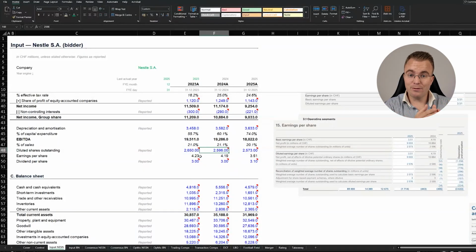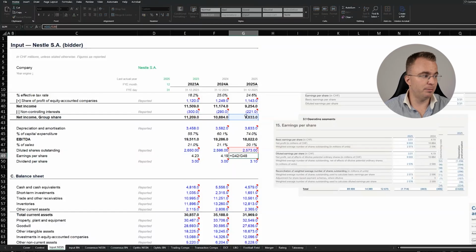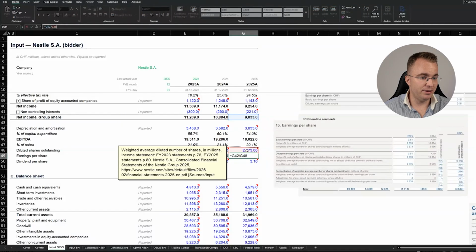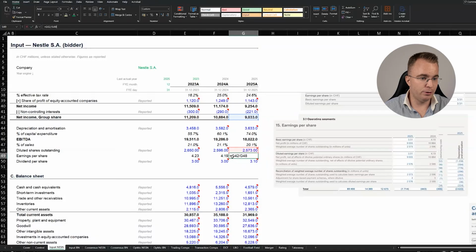And this is the weighted average of the shares over a certain period of time. So that matches the earnings, because net income is also a profit and loss item over the period and it's not at one specific point in time. Meaning you simply divide net income by this figure and you get 3.51 as the basic earnings per share.